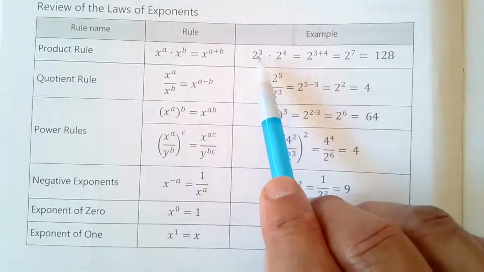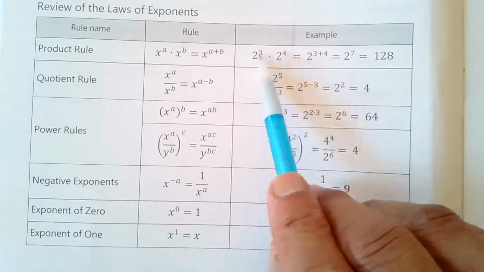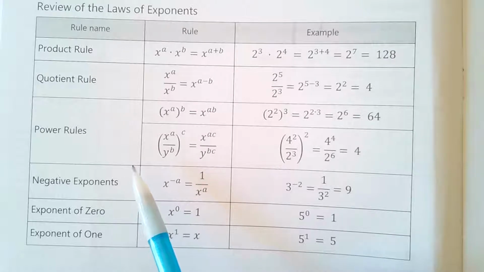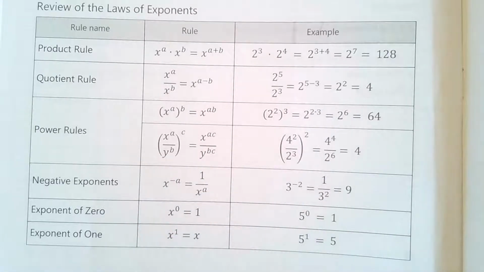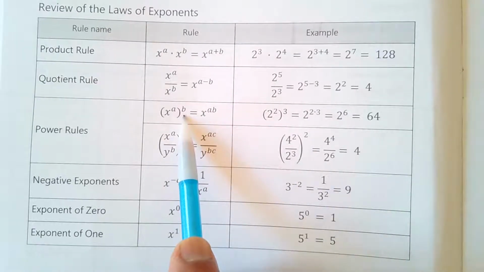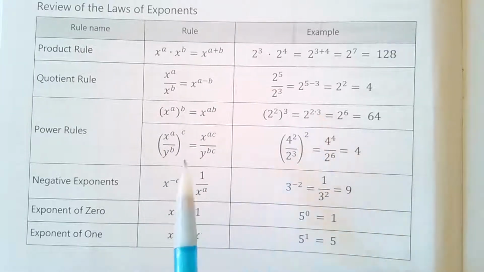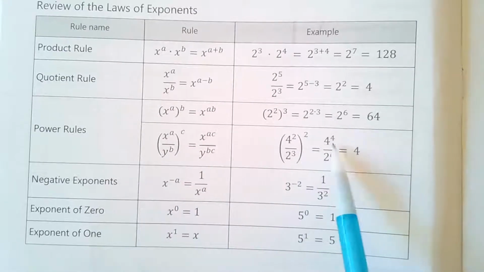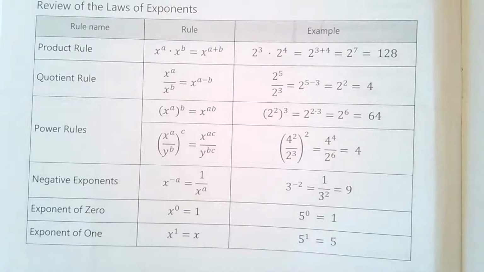Here we have the product rule: 2 to the power 3 times 2 to the 4 is 2 to the 3 plus 4. Don't multiply them. When you need to multiply, you're looking at the power rule, which is this one here. So we have a power rule when we multiply the exponents. Now, when we go to the quotient rule, more or less, we subtract the exponents.